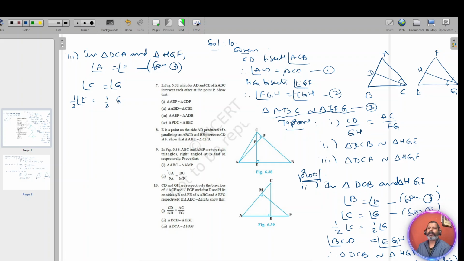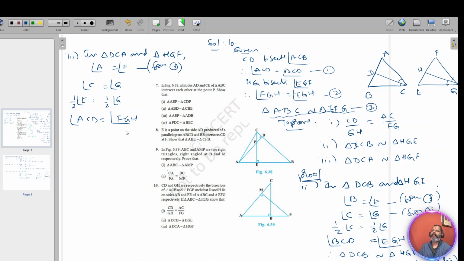Multiply both sides by half; it will balance the equation. Now for half C, I'll take the upper side part, the triangle ADC part. That is ACD, which equals half G. I'll take FGH. ACD equals FGH.